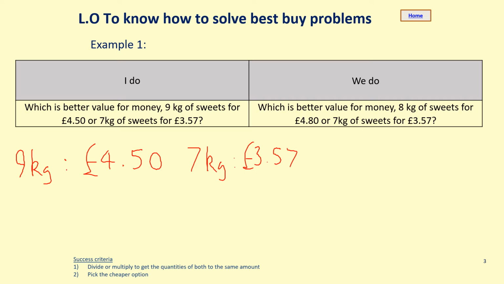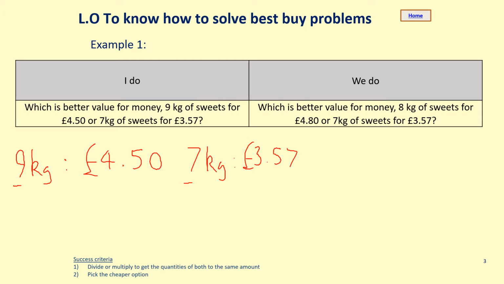Okay, so the key thing to do with these best buys is, with the two quantities, the 9 kg and the 7 kg, is to get these two to a matching number. So the quantities of both deals are the same, that way we can directly compare the prices. I'll show you what I mean. So in this first deal, 9 kg for £4.50, I'm going to work out the price of 1 kg in this one.